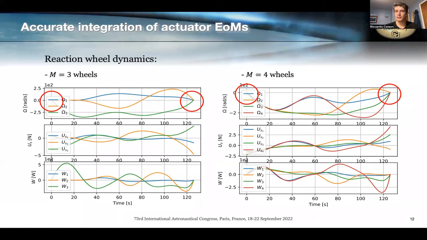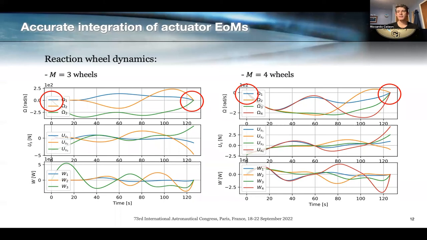Since reaction wheels are momentum exchange devices, there is no momentum or no torque provided to the spacecraft externally. So since all the torque that is exchanged is between parts of the same system, the total angular momentum needs to be conserved. We can see that this happens according to physics because all the final angular rates, both in the case with 3 reaction wheels and 4 reaction wheels, are 0.